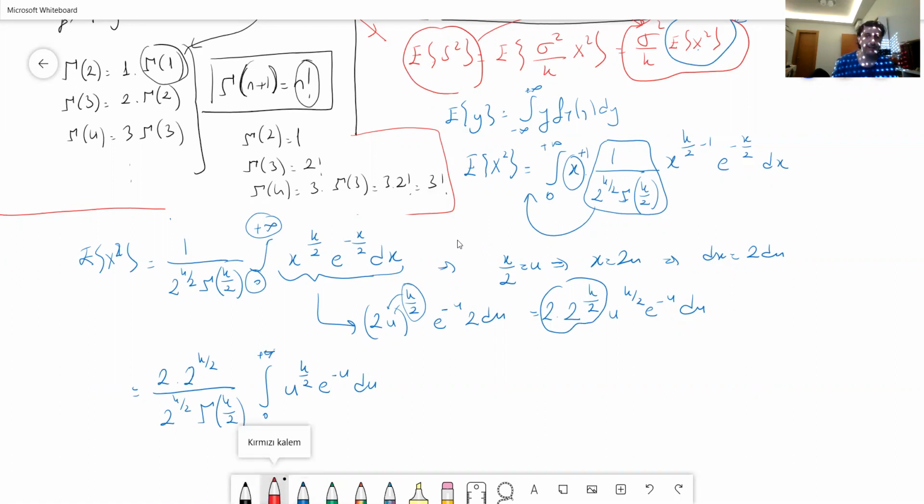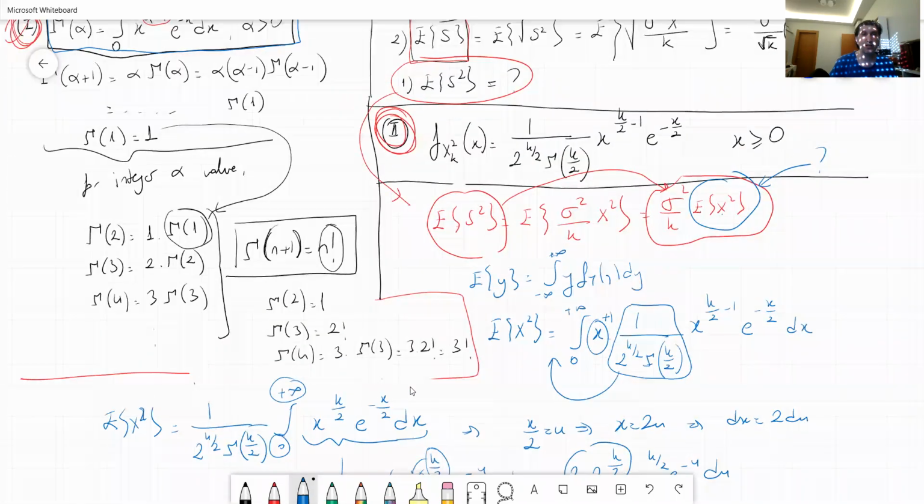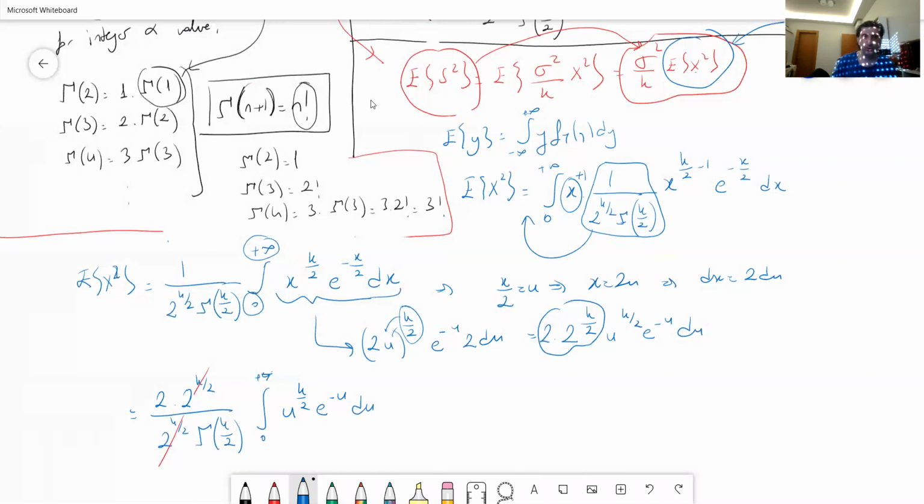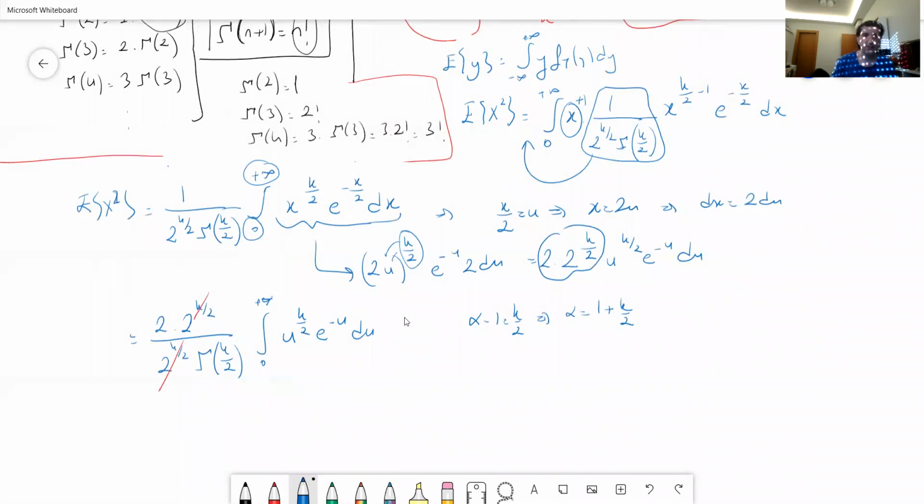And these will cancel. Now this exactly looks like a gamma function. Alpha minus 1 is equal to k over 2, so alpha is equal to 1 plus k over 2. So this integral will be equal to the gamma function of k over 2 plus 1.